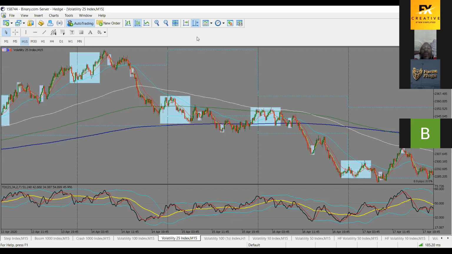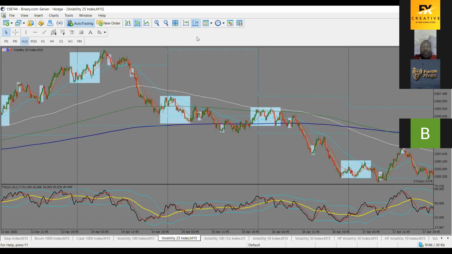Someone is asking, what if they don't form on the 200 EMA? Is it good to sell, or do we only take it on the 200 EMA? Like we said, with London patterns, it doesn't necessarily mean that they form exactly on the 200 EMA, but most of them form around the 200 EMA.